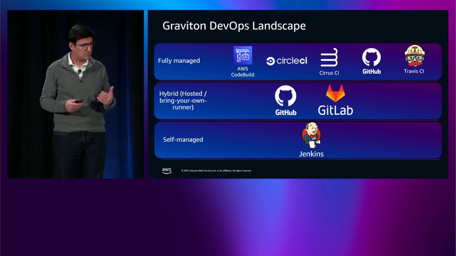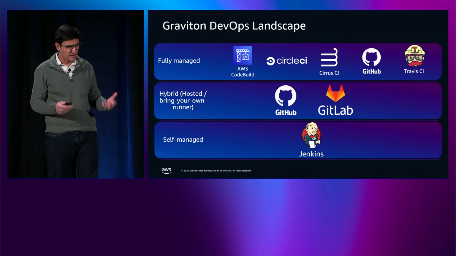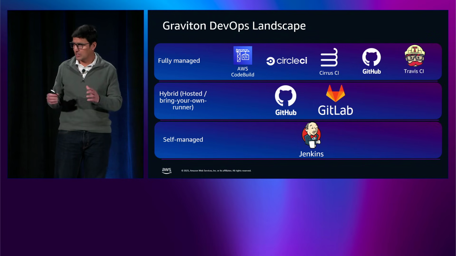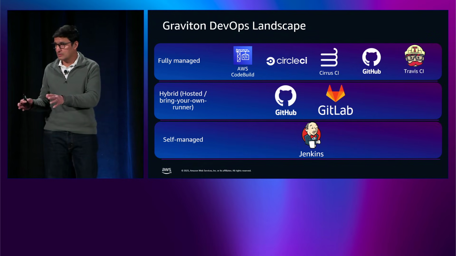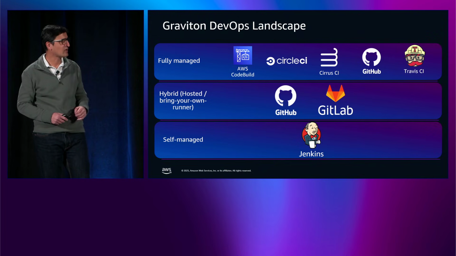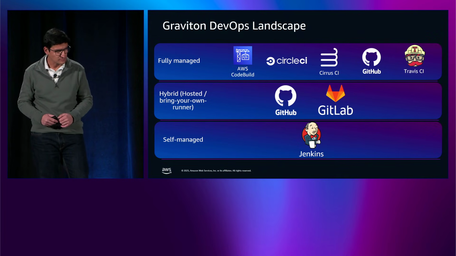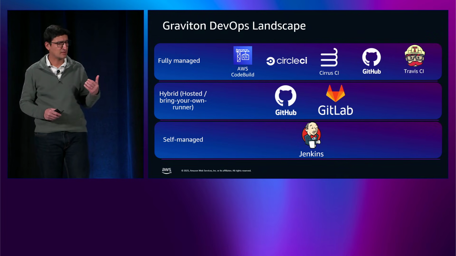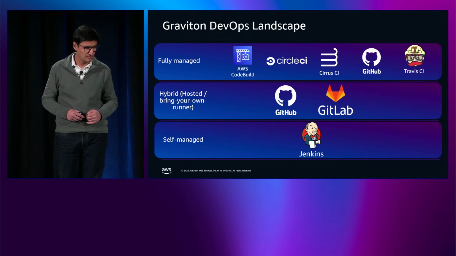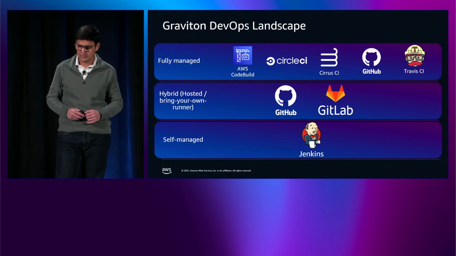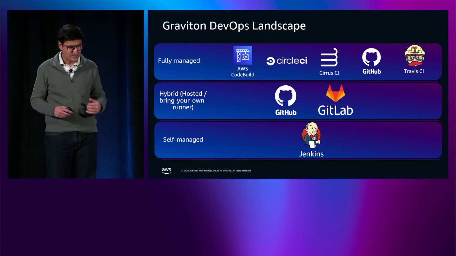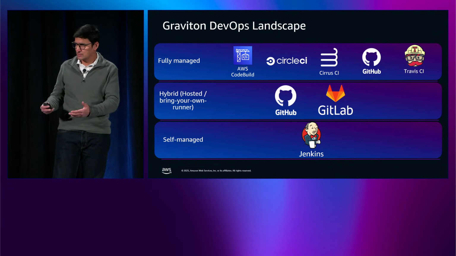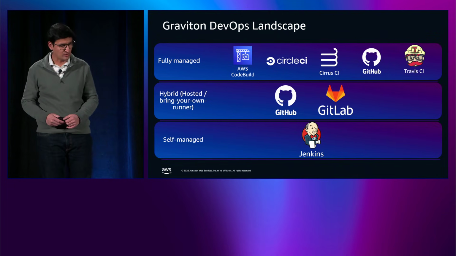So now you can build, test, and deploy applications which are ARM native without managing your own infrastructure. For hybrid models, tools like GitHub Actions and GitLab Runners support Graviton. For self-managed environments, teams can deploy their preferred DevOps stacks like Jenkins agents on Graviton as well.